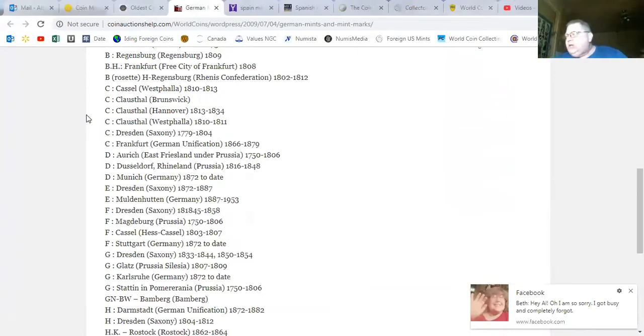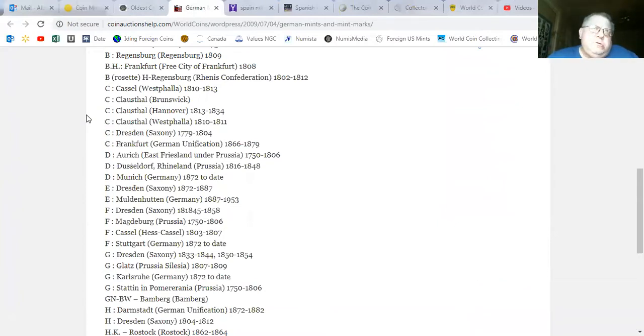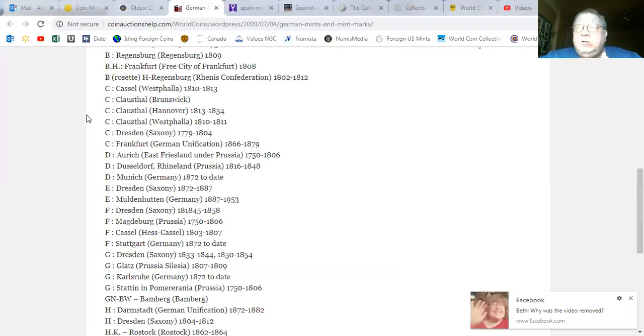Now, why do we even care about mint marks? Well, first of all, mint marks identify what country, where it was minted. It also denotes how many coins were minted at that facility, which means, like we all know, the San Francisco Mint is a higher premium coin because there's less of them made, less mintages.